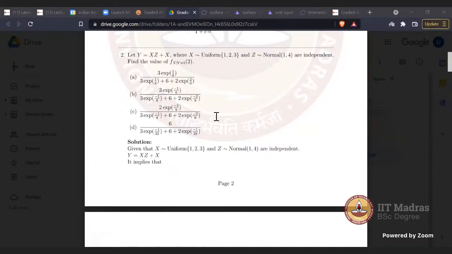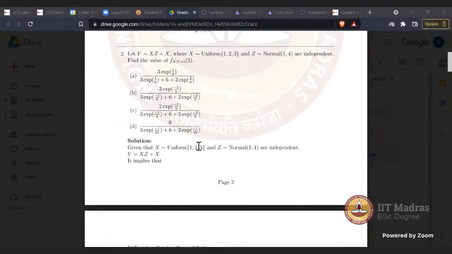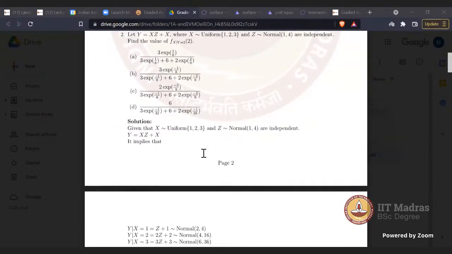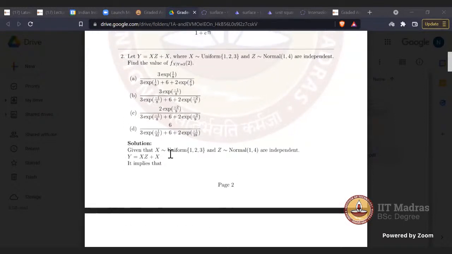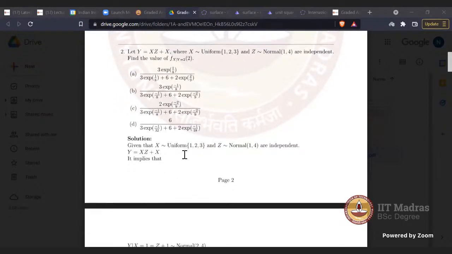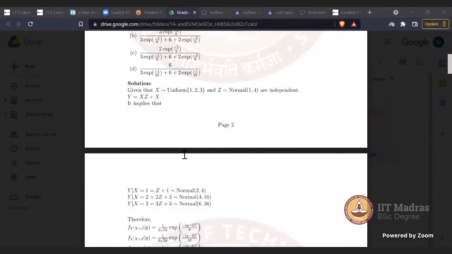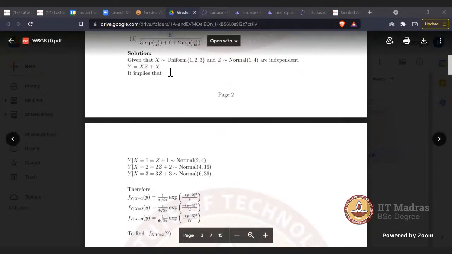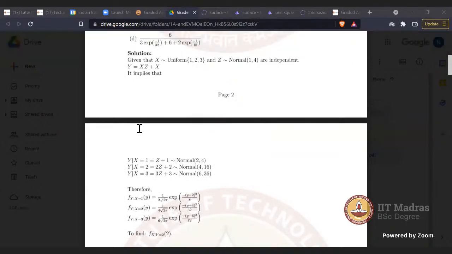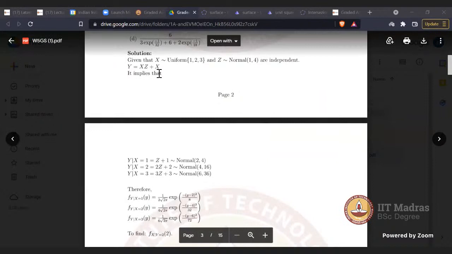But we don't know the distribution of y here, right? So how do you find the distribution of y? x is given to be uniform 1 to 3 and z is given to be normal, correct? So if you fix your x, then what is the distribution of y going to be? If I fix my x to be 1, then y is going to be z plus 1.